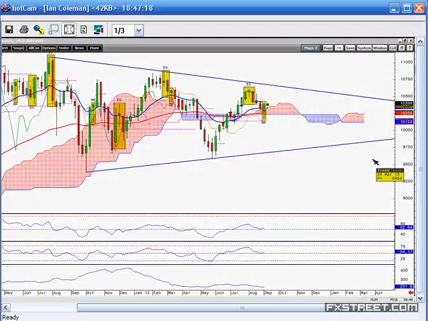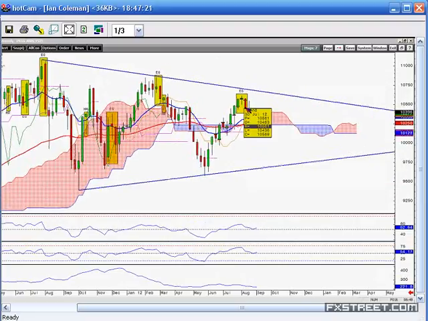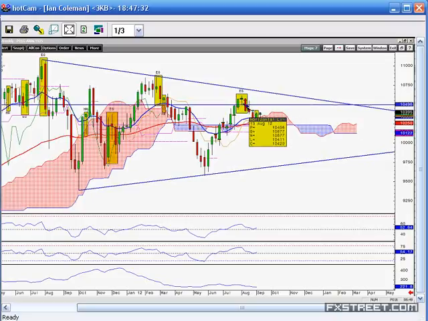We then come down to our weekly. We've got an evening star formation, which is a very bearish formation off the top. A decent level to look for shorts was half of the bearish candle.